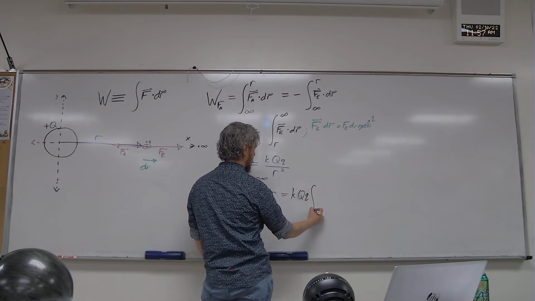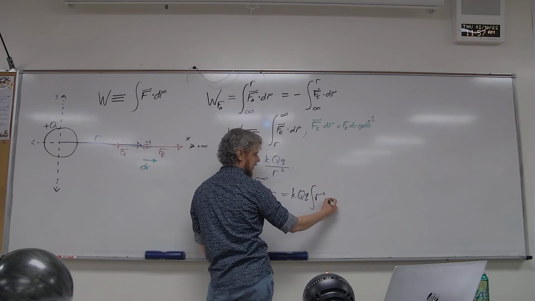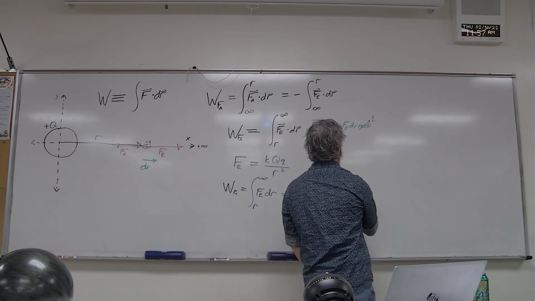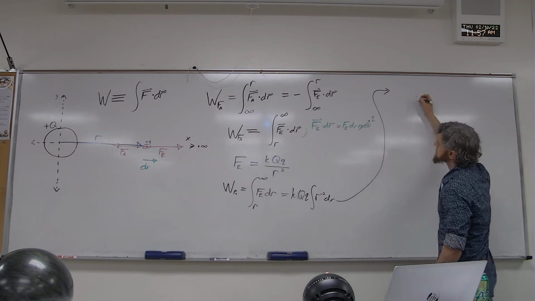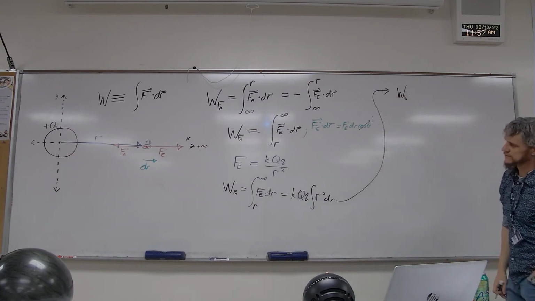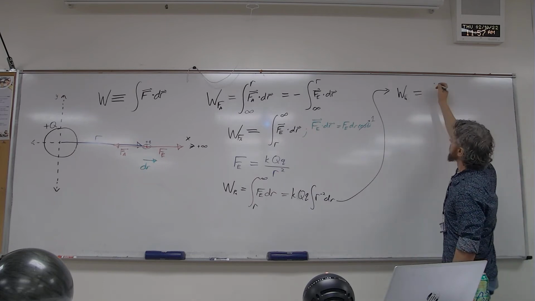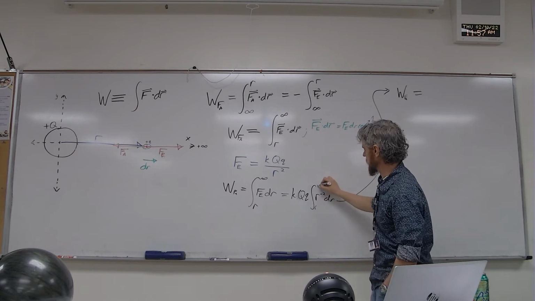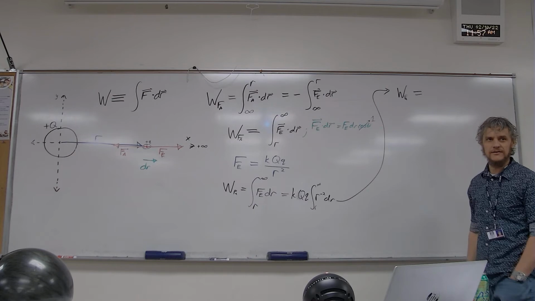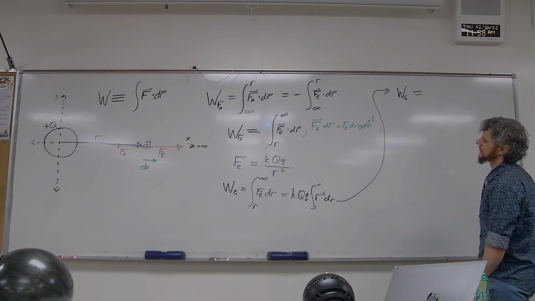And then I'm going to integrate 1 over r squared, or r to the negative second, dr. So the work that I have to do to bring that charge in is equal to, from r to infinity, sorry. Well, you can't leave the limits off, right? Get marked off, maybe. I don't know. Did they mark you off for that on the AP exam? As they should.